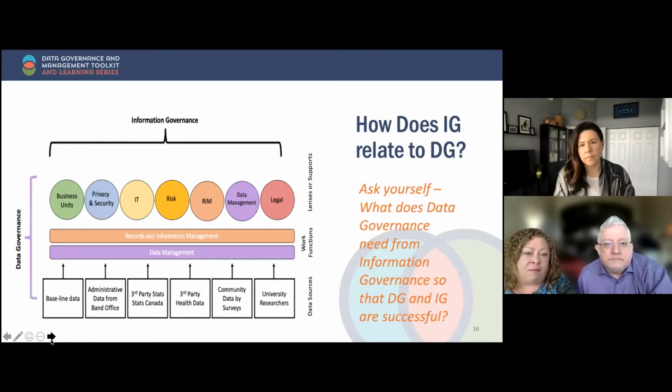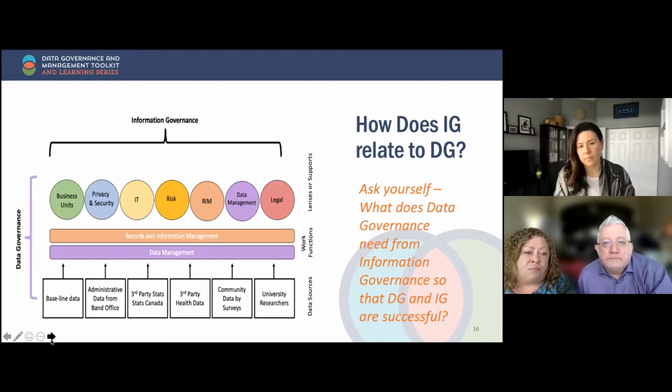And then below them, you're going to see two very different work functions, one of records management and one of data management. And then below that, you're going to see the sources of where both records management records are coming from and where data management data could be coming from.